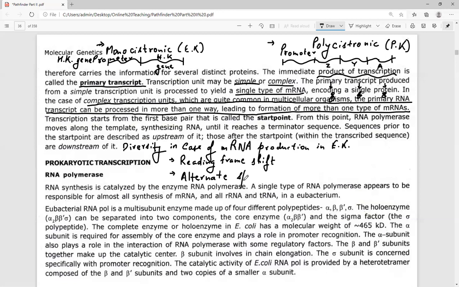Alternate splicing. Third is trans splicing. Or it could be RNA editing.